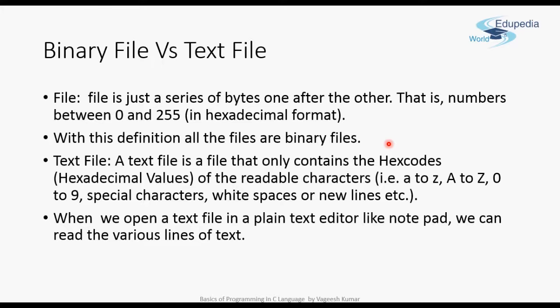Okay, 0 to 9, there are 10 digits, and combinations of these digits will form various other numbers. So that is the decimal number system that we are all familiar with. Apart from this, there is a binary number system in which there are only two digits, 0 and 1, and all the other numbers are formed out of these two digits.